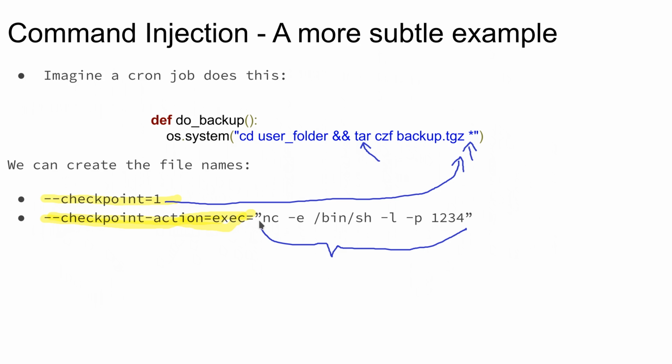So the tar program just receives this as an argument and this as an argument, and then after the checkpoint it will execute our command. And since this is run in a root context, if we connect to the port, we have a root shell and we can do whatever we want on the system.